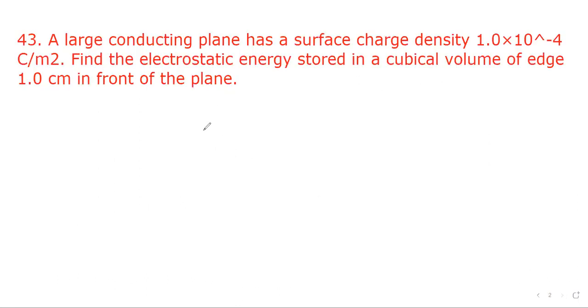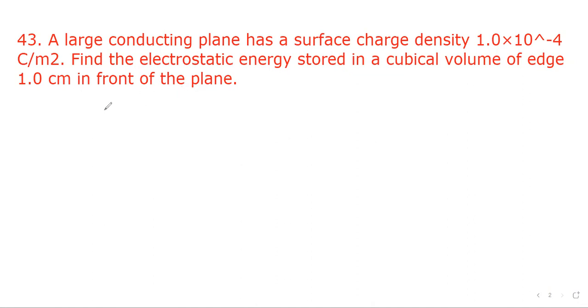Now, let's consider the next question. A large conducting plane has surface charge density 1 into 10 power minus 4 coulomb per meter square. Find the electrostatic energy stored in a cubical volume of edge 1 cm in front of the plane.